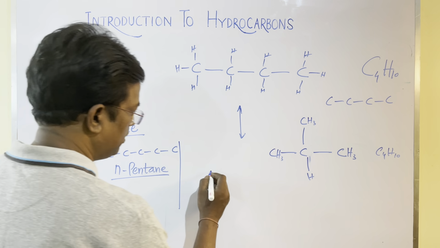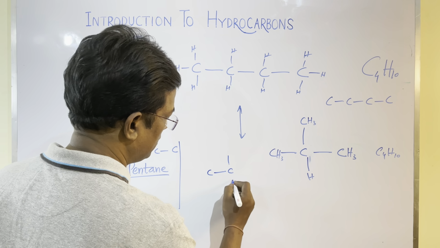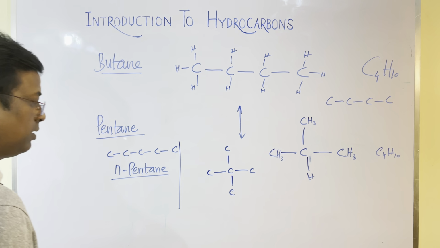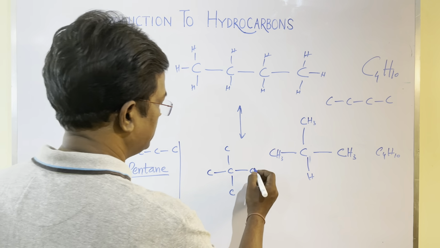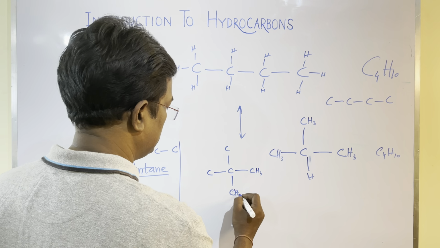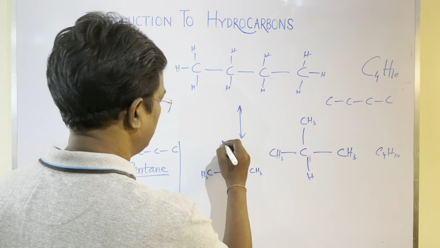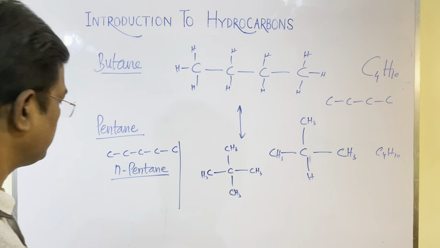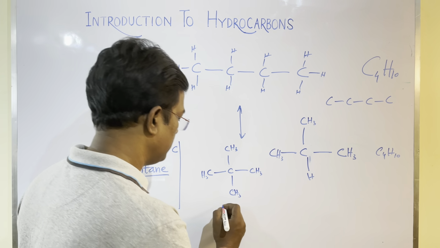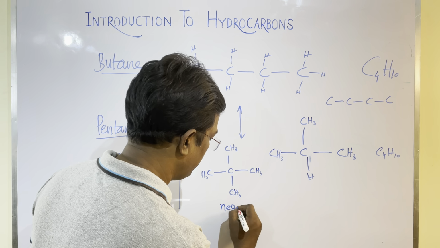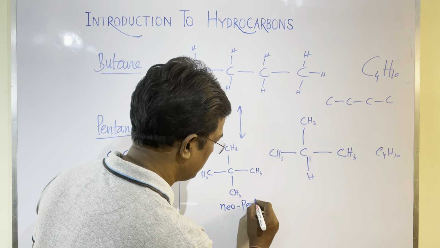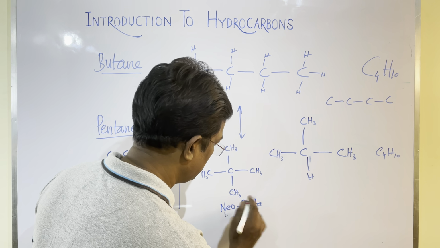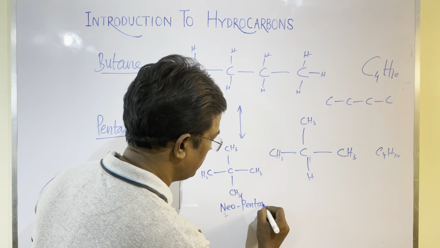Second, we can draw this, also very interesting. CH3, CH3, CH3, C, CH3. But this is your neopentane. Neo, N should be capital and P should be small. Neopentane.